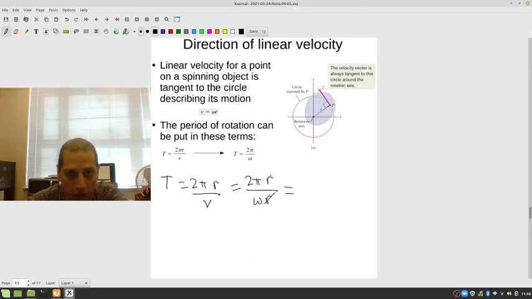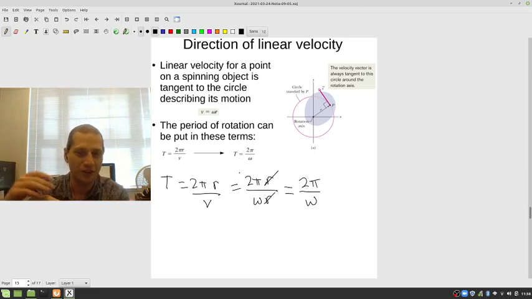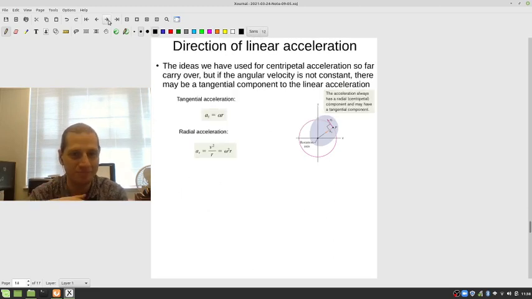So in that case, the r's would cancel out, and you just get 2 pi over omega. So this is two different ways of writing the period. Both of them are fine. This is in terms of radians per second, but radians is kind of a funny unit. You can sometimes pretend like you just got rid of it as in a puff of smoke. It's unlike meters in that way.